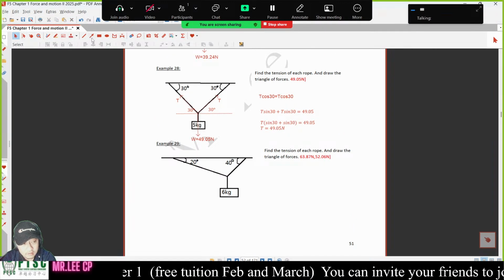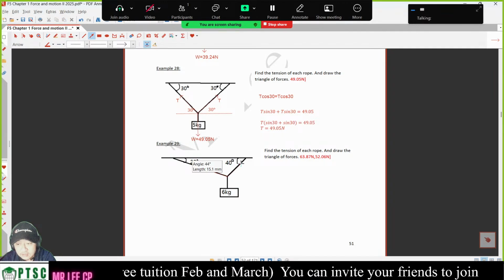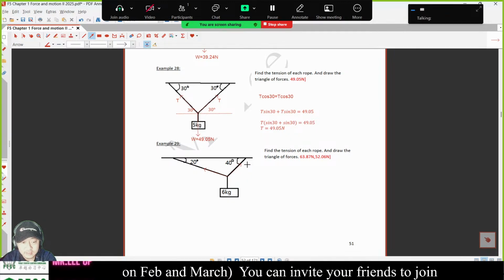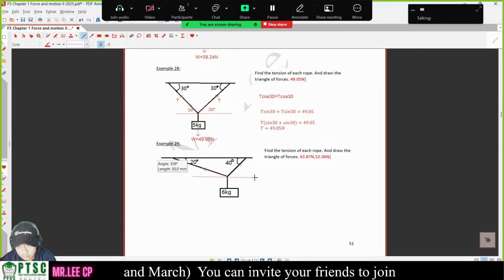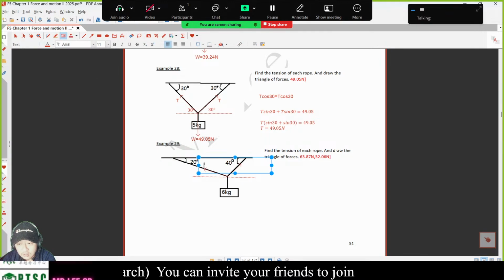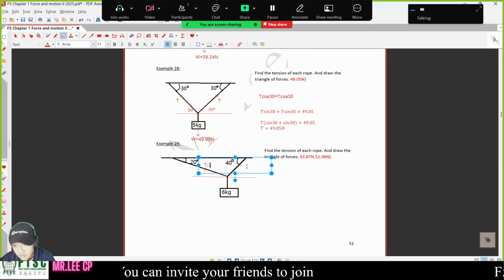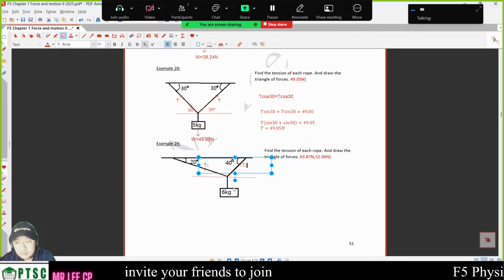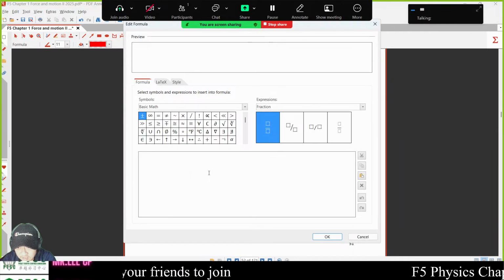Okay, we are going to do this kind of question. So this is T1, T2. I like to put the smaller number on the left hand side, T1, and here T2, but it is really up to you. Then this angle is 20 degrees.